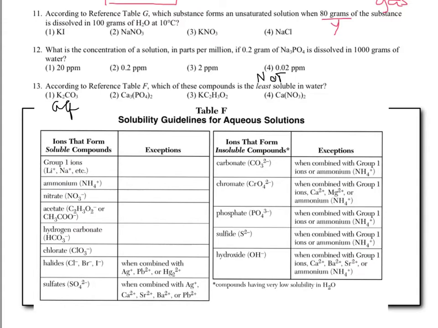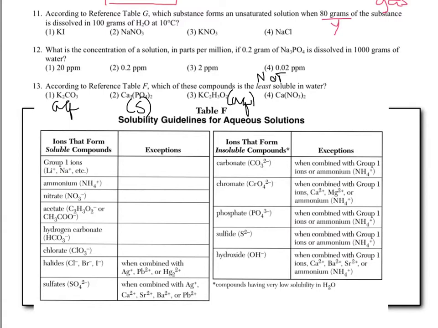Now here we can find the phosphates are insoluble except with group 1 and ammonia. And calcium is not in group 1. It is in group 2. So this is solid or insoluble. Now next, we have potassium acetate. Again, potassium is group 1. So anything containing potassium is soluble or aqueous.